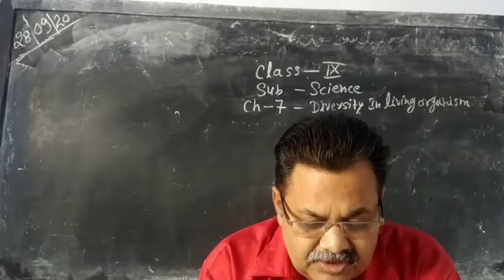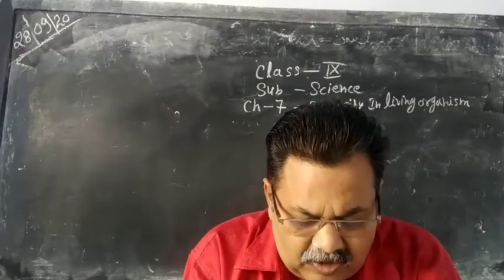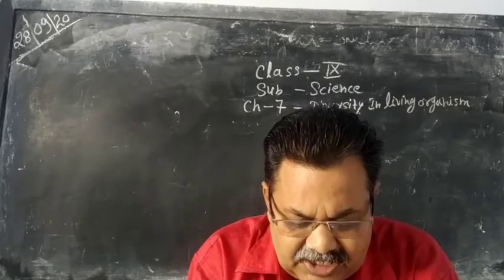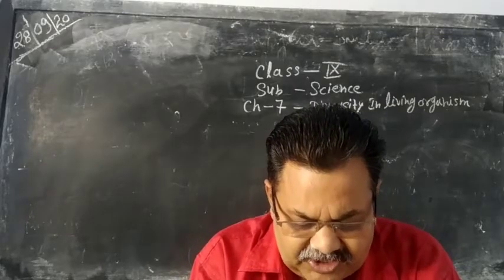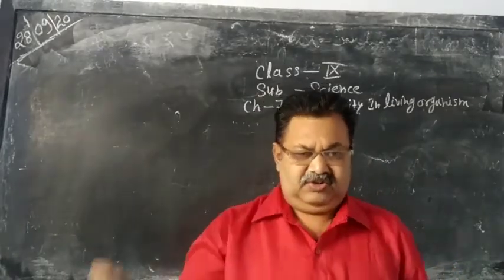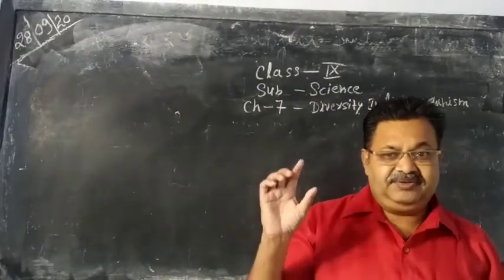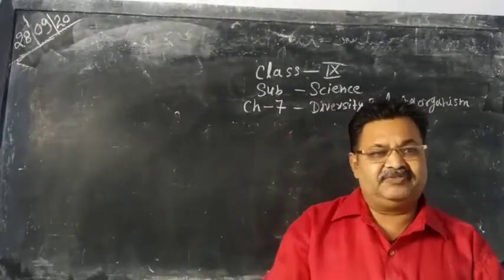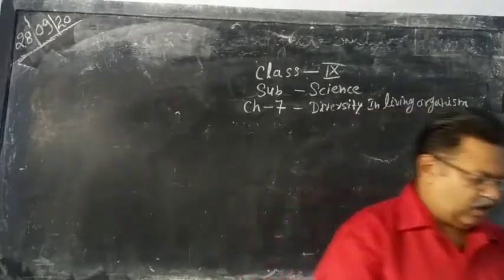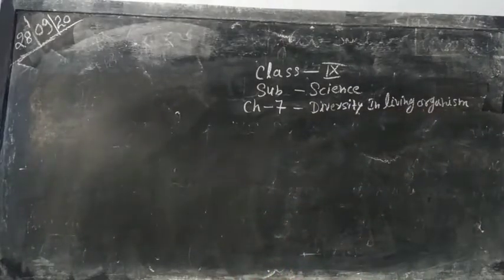So our next topic in this chapter is the hierarchy of classification groups. The order of classification of organisms is known as the hierarchy. So we have to study the hierarchy of classification.